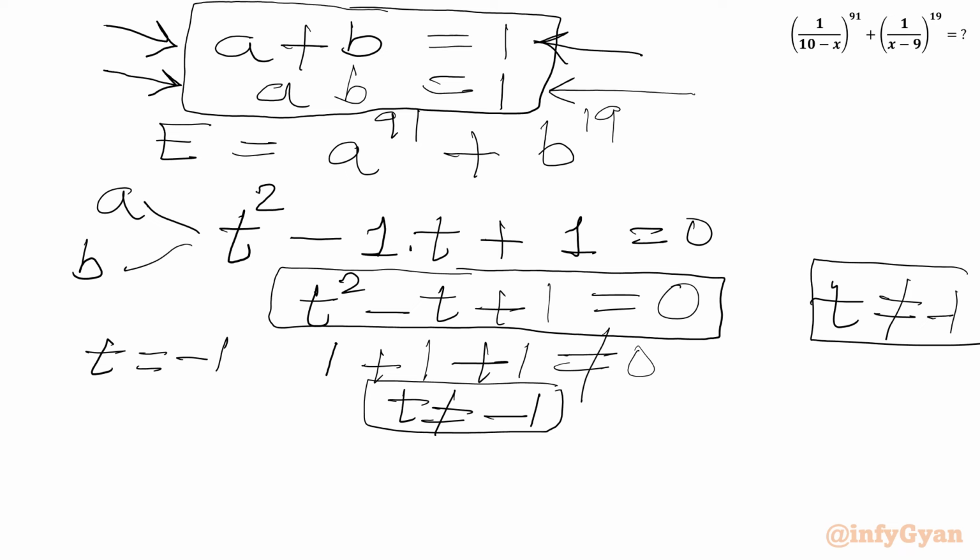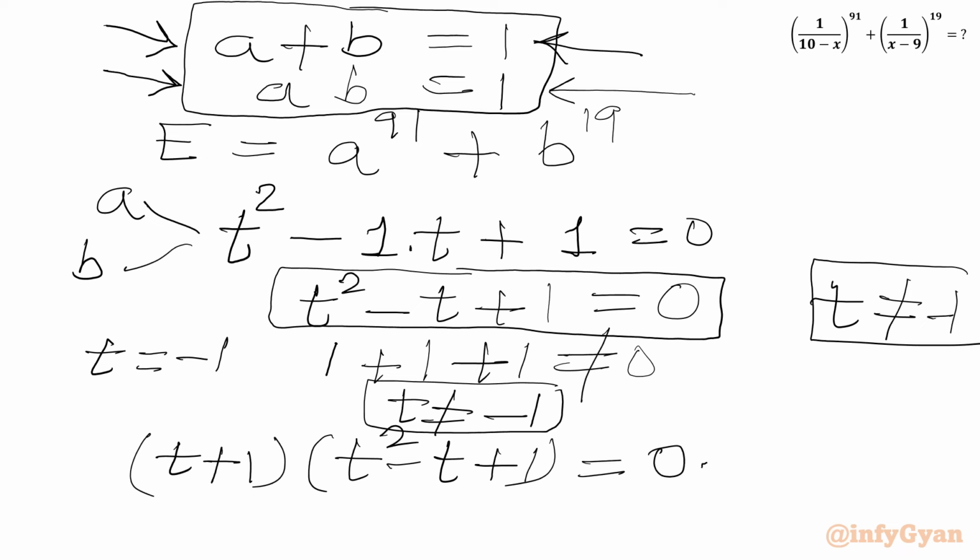So I can multiply both sides by t plus 1. I will be writing t plus 1 times t square minus t plus 1, and RHS will be 0 times t plus 1. Now from left hand side, we can say this is one algebraic identity, t cube plus 1 cube.